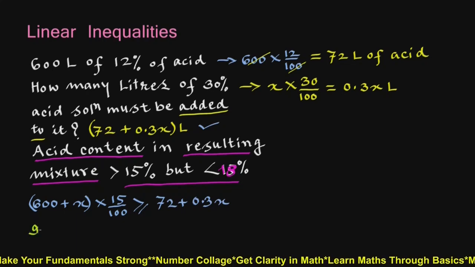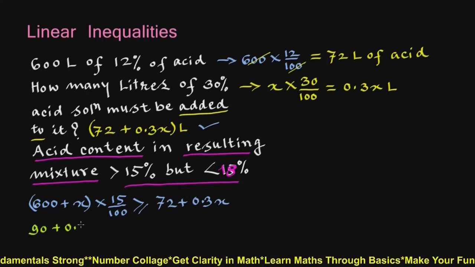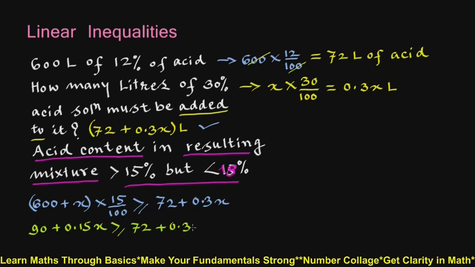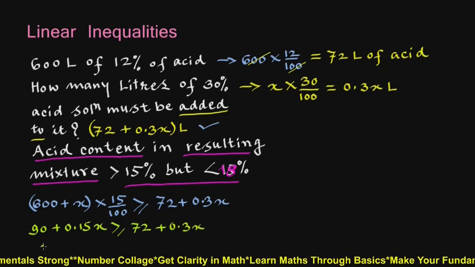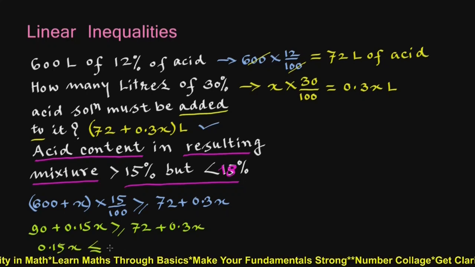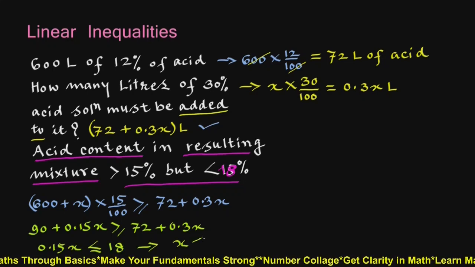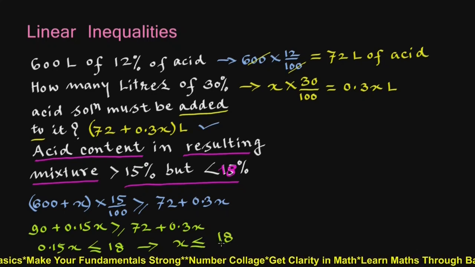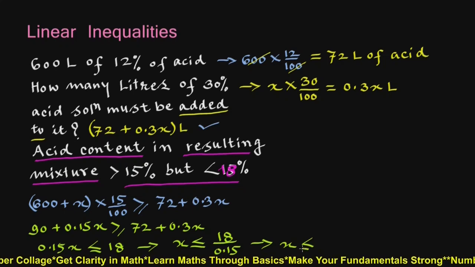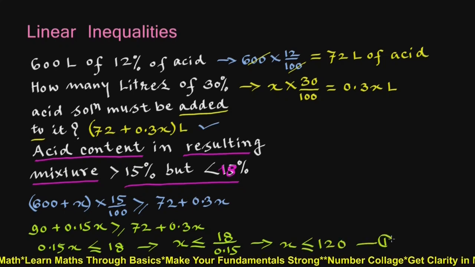This will be 90 plus 0.15x less than or equal to 72 plus 0.3x. This will be 0.15x greater than or equal to 18. That gives x greater than or equal to 18 upon 0.15, x greater than or equal to 120. We name this 1.